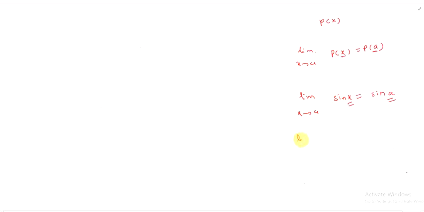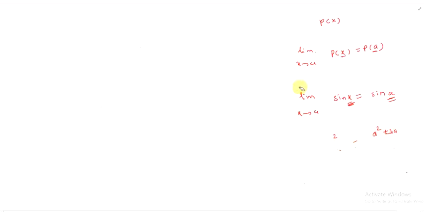Or one more example, if we have the limit as x tends to a, then here if we have an algebraic form, it is equal to, after the limit, a square plus 3a. So I hope you are getting this one, x is replaced by a, okay.